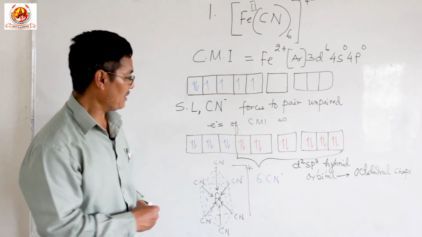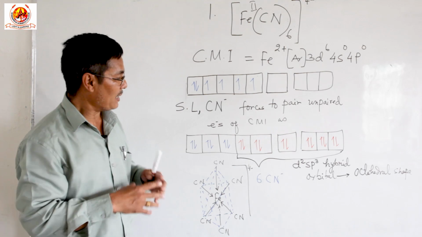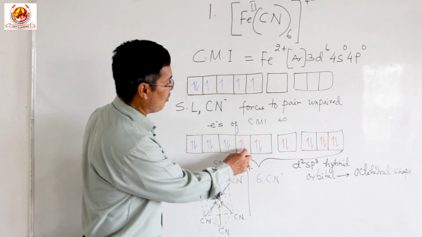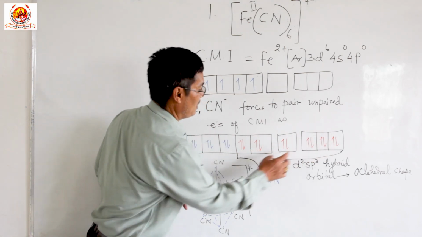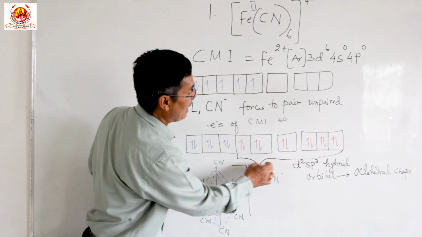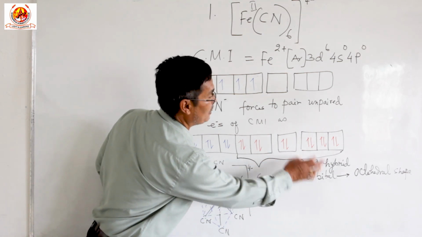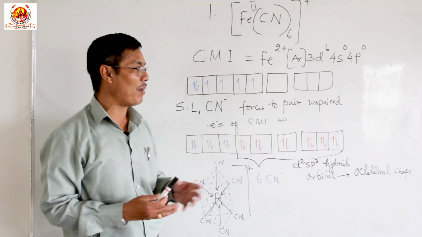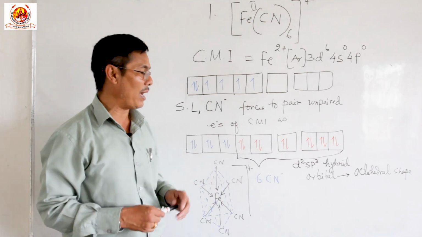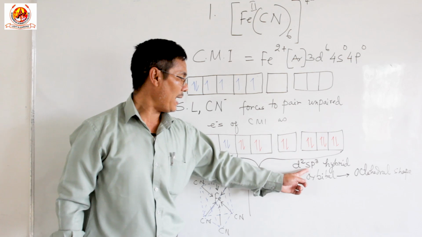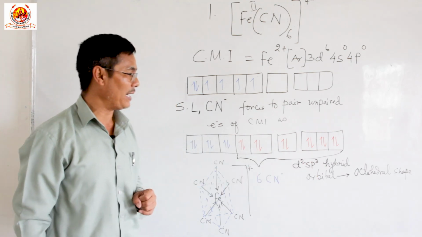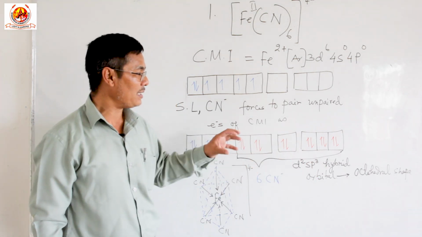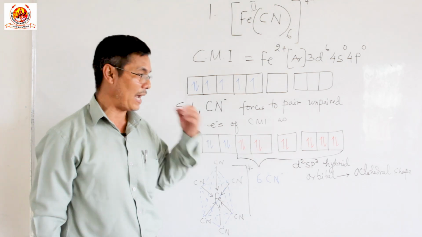The orbitals of the central atom, 1, 2, 3, 4, 5, 6, we cluster like this: d2sp3. These are the hybrid orbitals, which combine to give single orbitals known as d2sp3 hybrid orbitals. This orbital gives the geometry, which is octahedral.